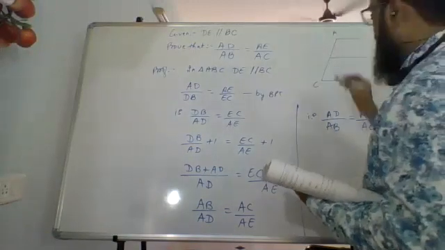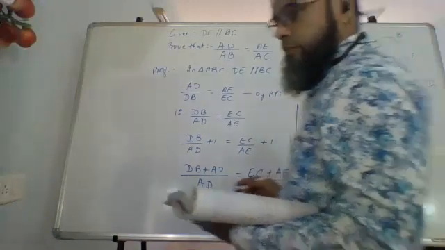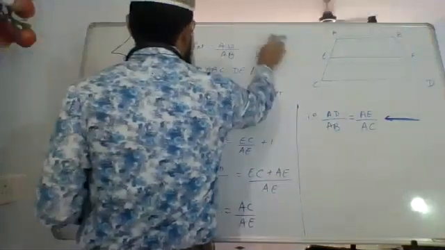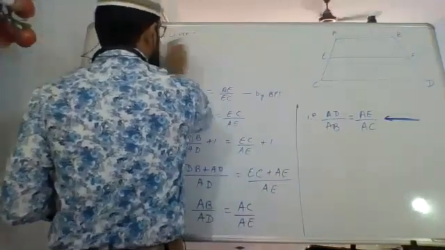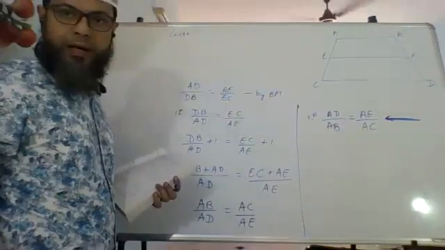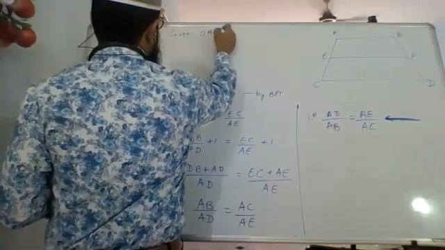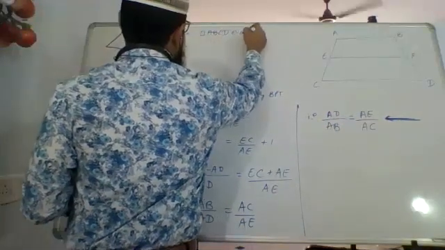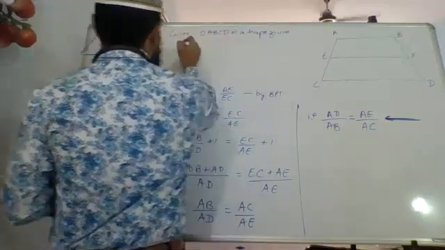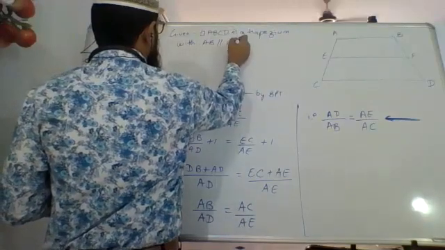ABCD is a trapezium with AB parallel to CD.